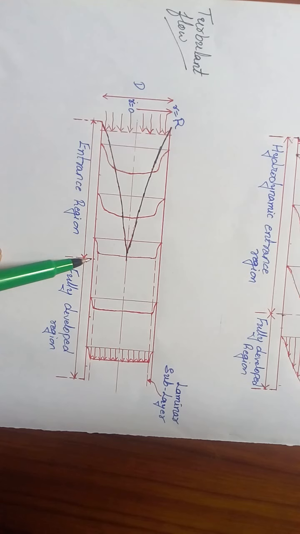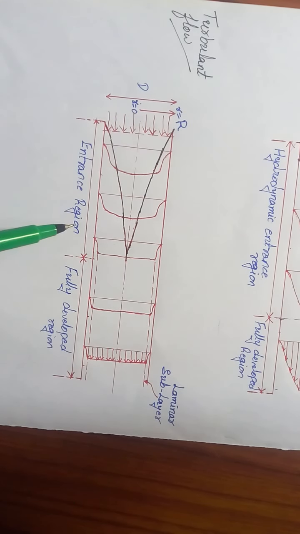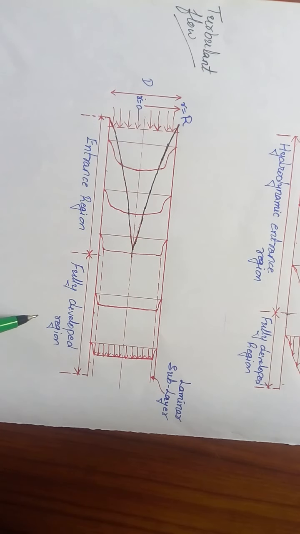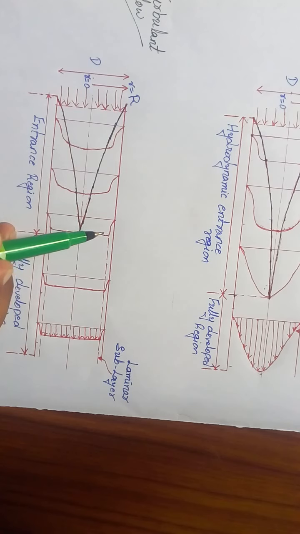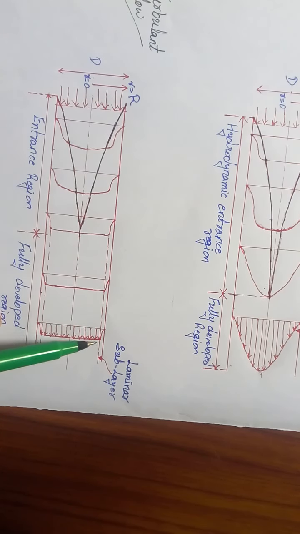The minimum value of x up to which there will be a change in velocity at the axis of the pipe, up to that region, is called the entrance region or hydrodynamic entrance region. After this we have the fully developed region, and from the surface to the point where you will get almost negligible value of velocity, that can be called the sub layer. Since the velocity is very negligible, slip will be very much less.